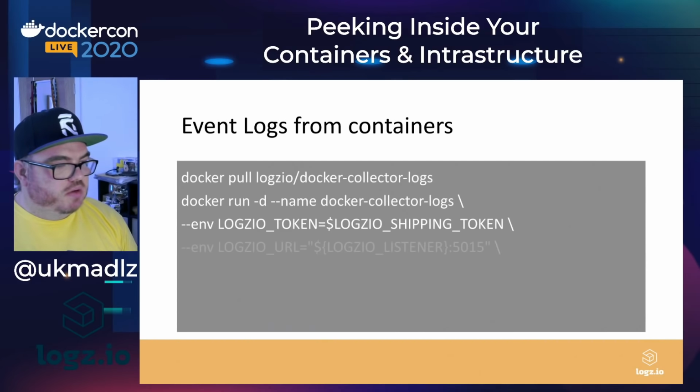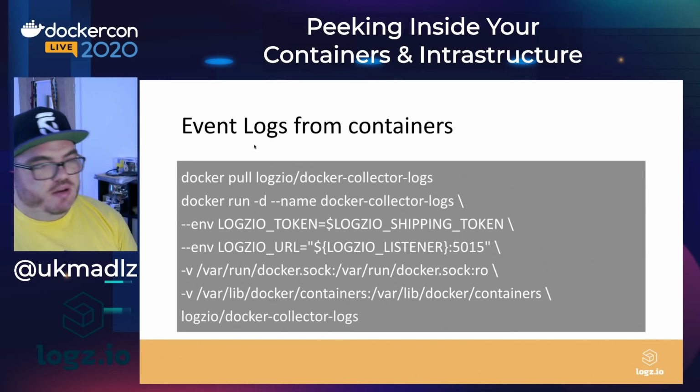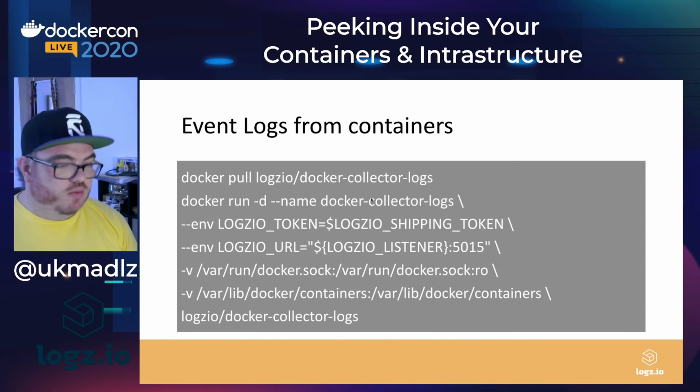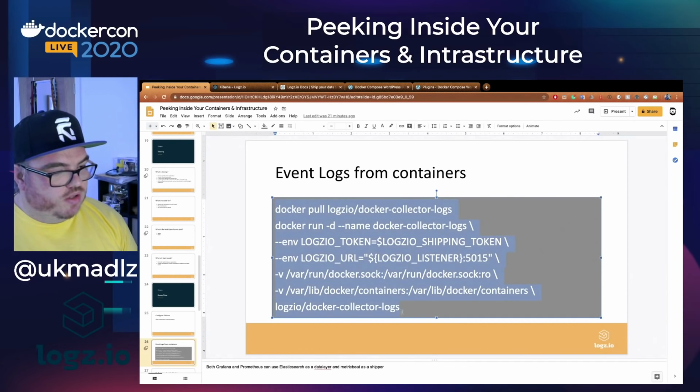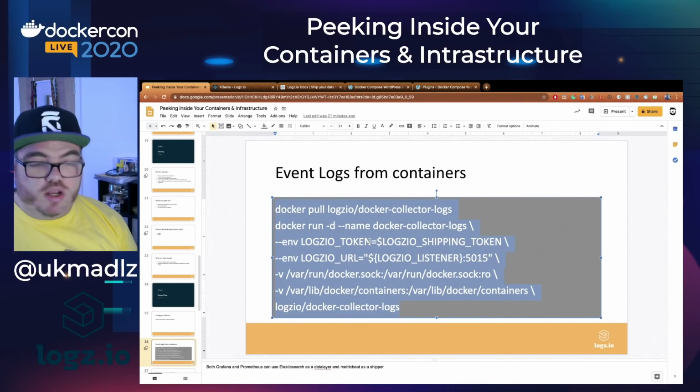We can just load in this. And this is the Docker collector that we at Logs.io have got. So this, if I grab it, is simply a Docker container running Filebeat internally. It's pre-configured to run with Logs.io, so it will have our shipping token, which is our way of identifying your account.